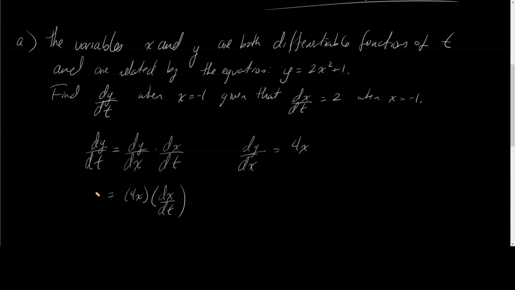So dy/dt when x equals -1 is 4 times -1, and dx/dt is 2 when x equals -1. So what we really get here is -8. So we just found that dy/dt is -8 when x equals -1.